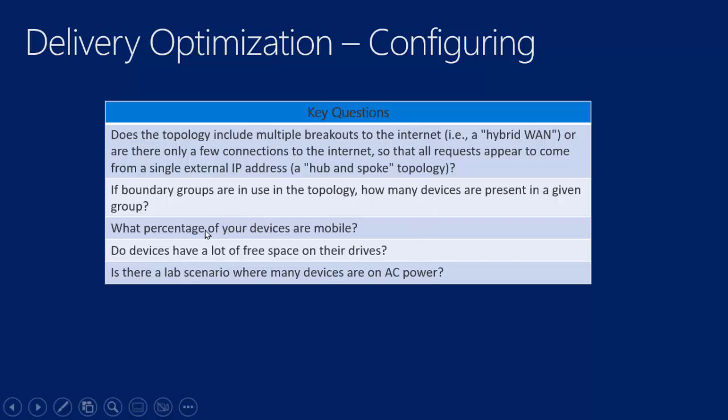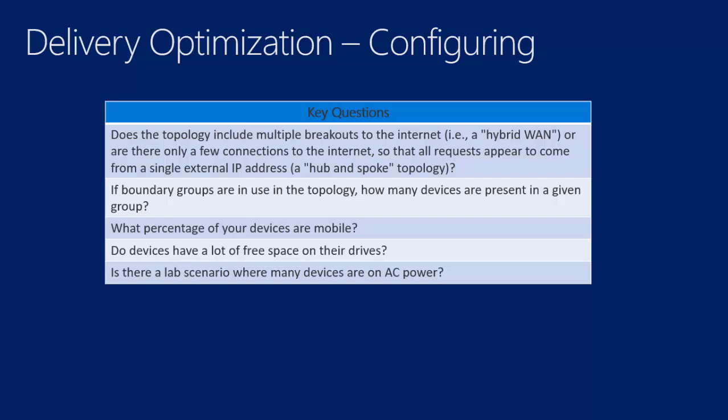What percentage of your devices are mobile? Right? That's a very key thing just to understand, kind of the configuration, what you're going to do. One of the things that comes out of that I think about when I think about that scenario, we just came out of COVID as I record this, what is your remote workforce scenario, right?